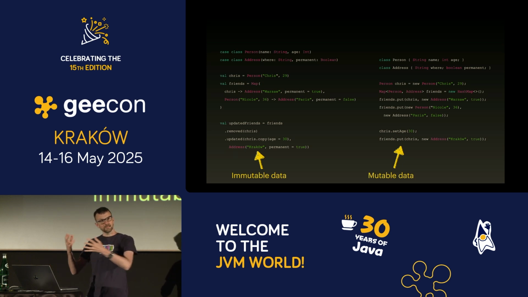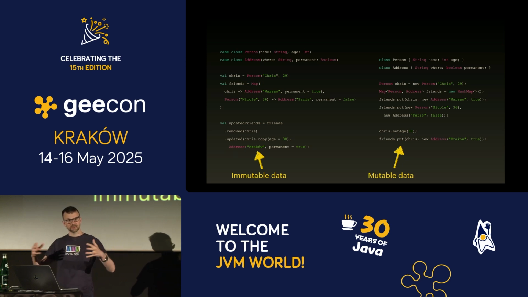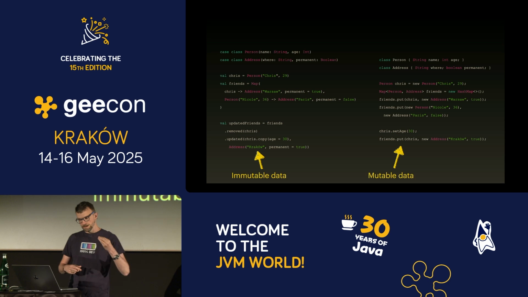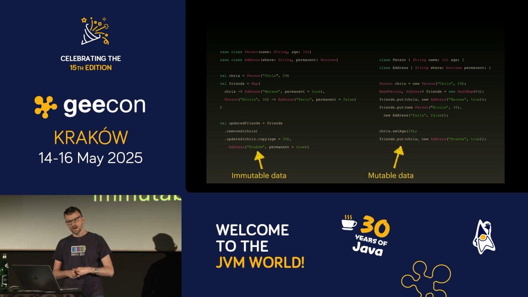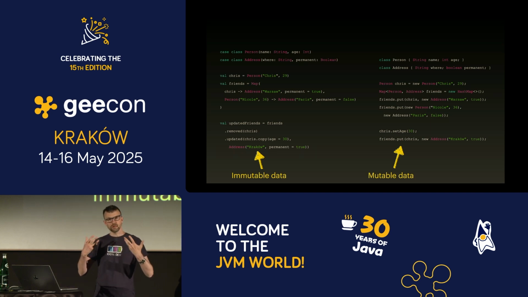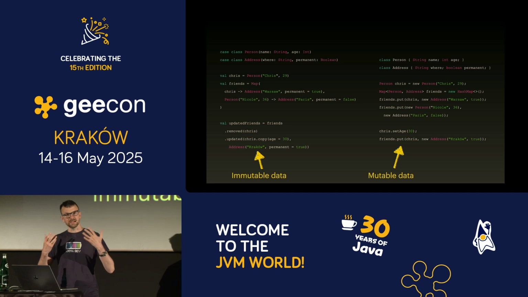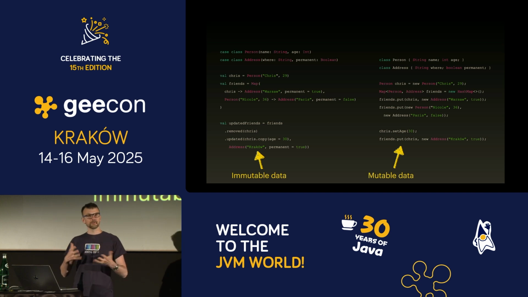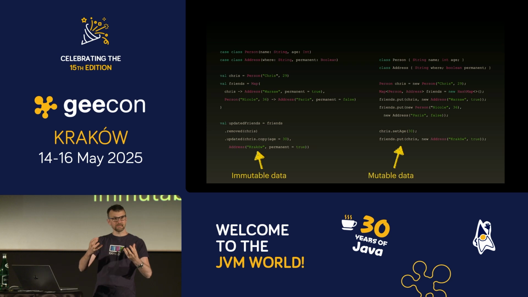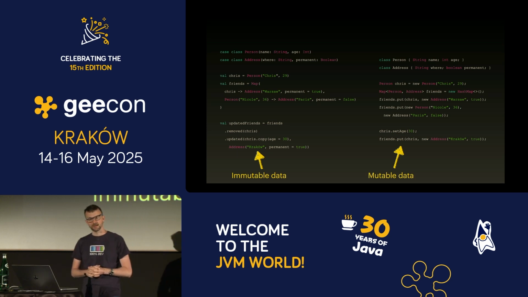So the copy has a meaningful value. So we have an expression which has some value. When updating the friends map, by removing the old key and putting in the new key, we are also obtaining new instances of the map, right? So once again, these functions have meaningful return values. So we have expressions which have return values which we can then use as parameters for other function invocations.